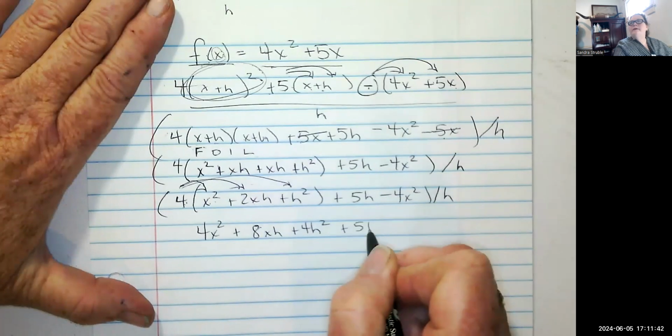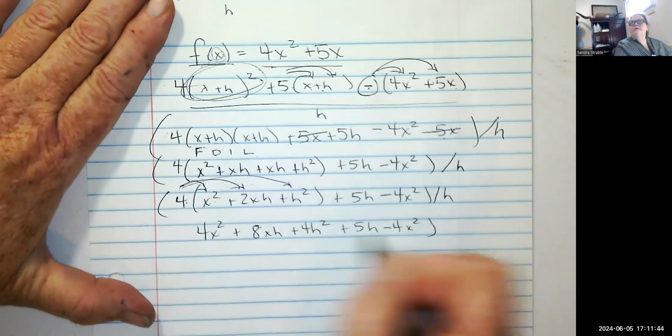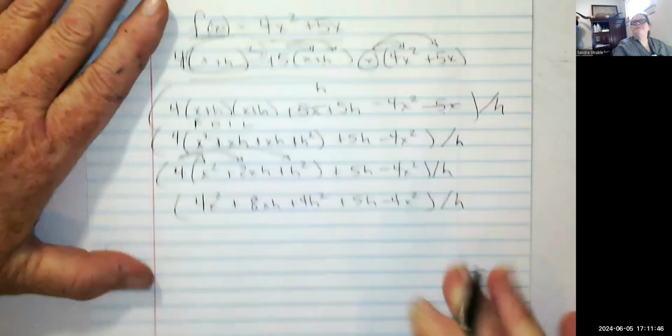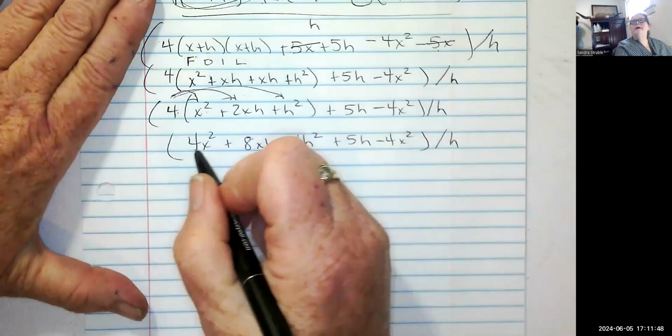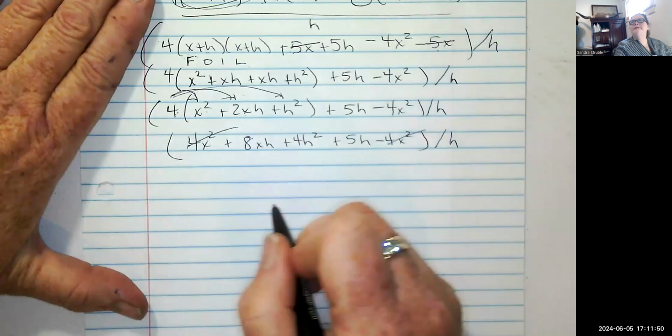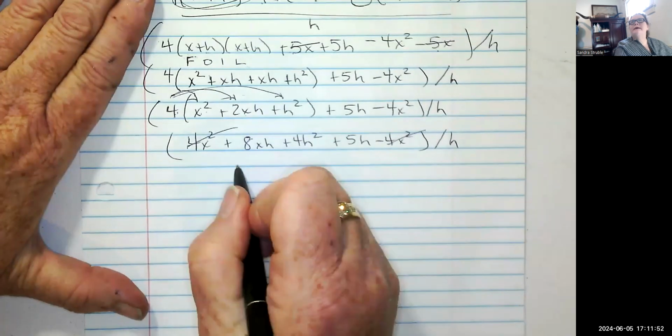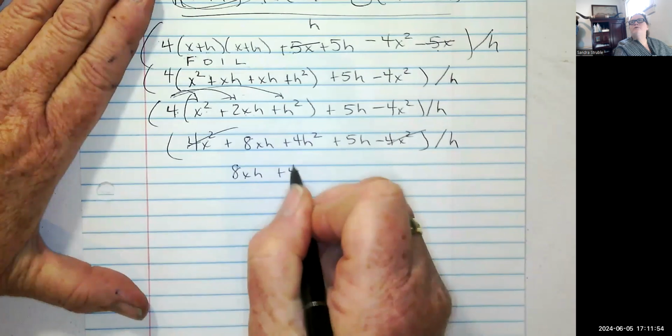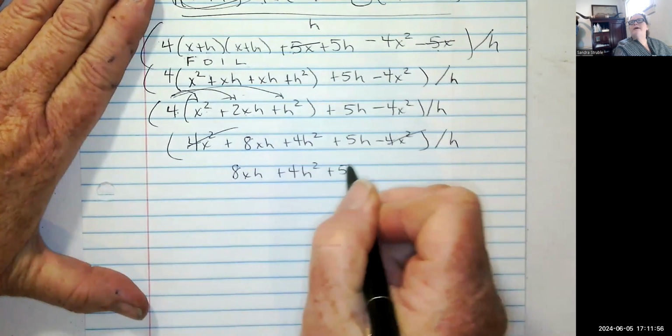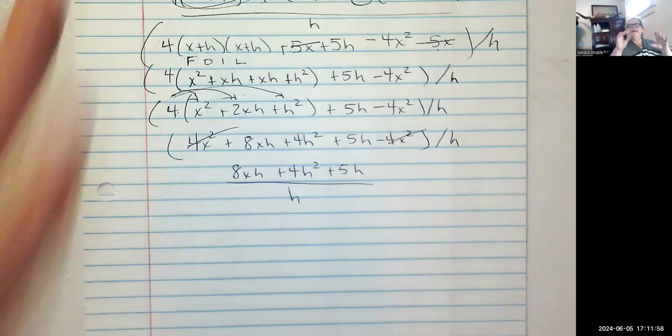Bring down everything else. And all of this is over h. All right. 4x squared and 4x squared are canceling, and that leaves me with 8xh plus 4h squared plus 5h, and all of this is over h.